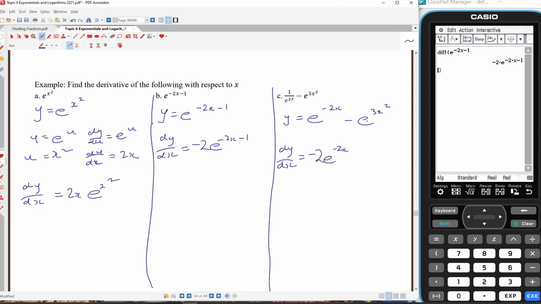Now this one here, u is going to be 3x squared. So du dx is going to be 6x. So that's going to be take away 6x e to the 3x squared. Again, if in doubt, just do the chain rule with the u sub.